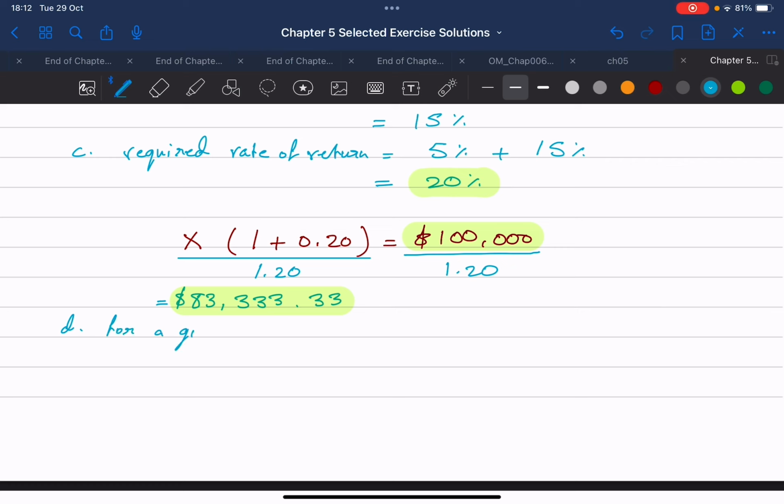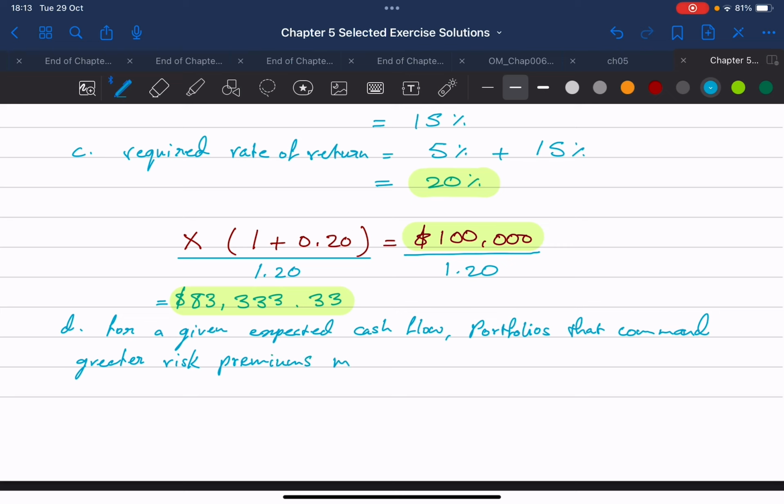We're going to say for a given expected cash flow, portfolios that command or require greater risk premiums must sell, or most likely will sell, at lower prices. Okay.